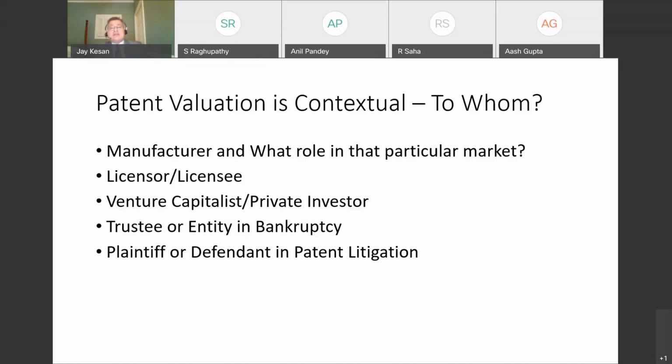So I just give you these examples to make you understand that when we talk about valuation, you often have to talk about who are the parties involved, and patent valuation as in, is it valuable to that particular person in that context?